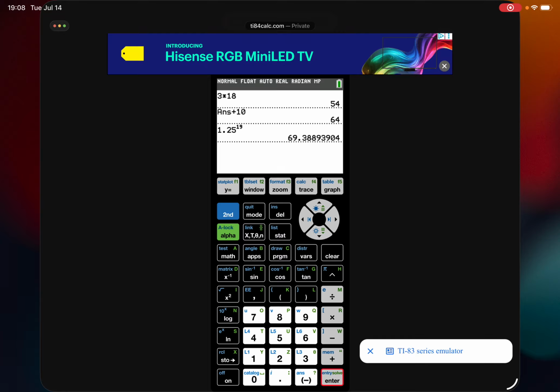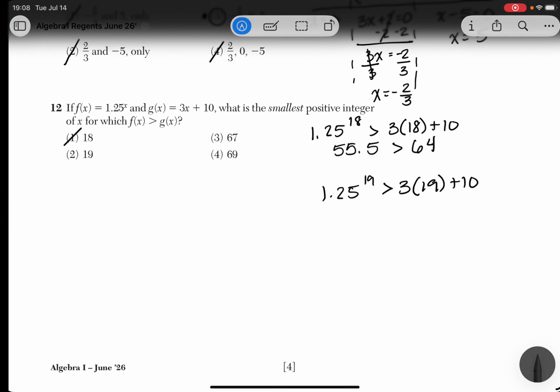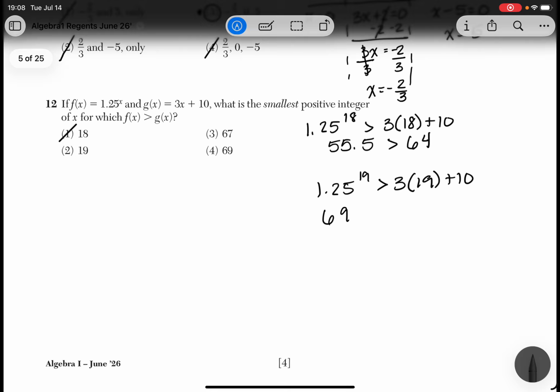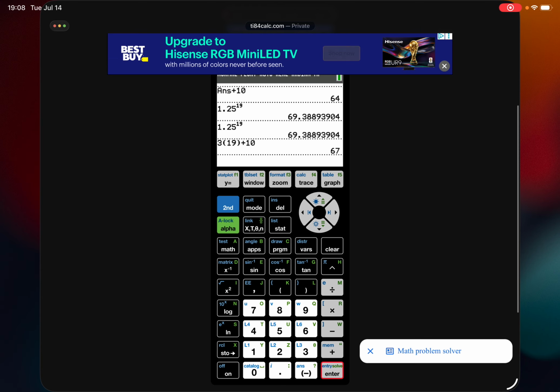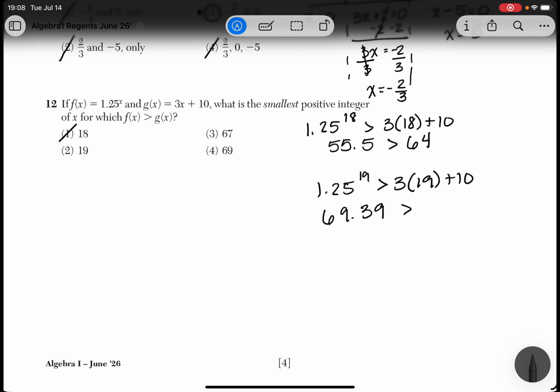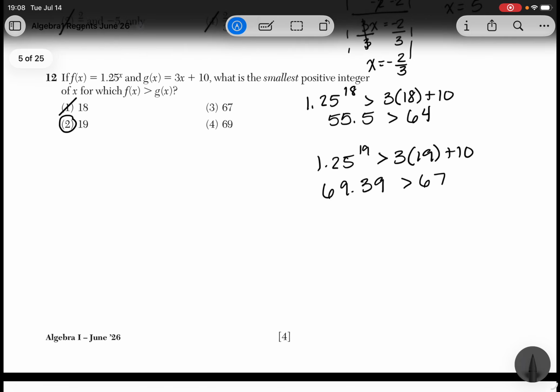We got 69.39, rounding to the nearest hundredth. We want to see if that is greater than 3 times 19 plus 10, and that equals 67. 69.39 is greater than 67, so this answer would be true.